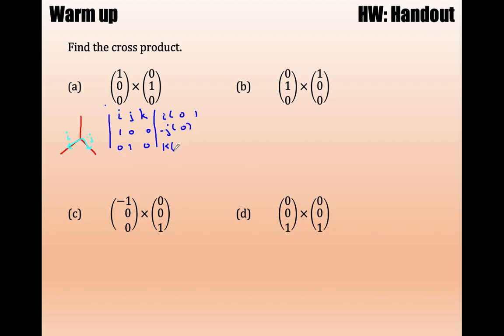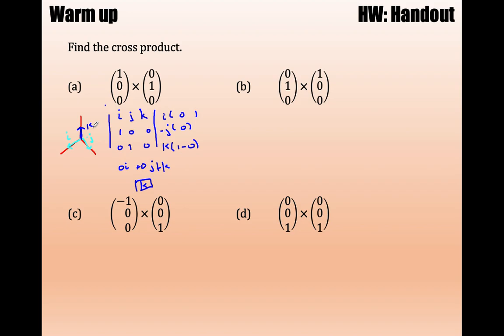And k is going to be 1 minus 0, yes? So what is the vector that I get out of that? It is technically 0i plus 0j plus k, right? Or of course just k, right? And what does that vector look like graphically? Perpendicular to both i and j.